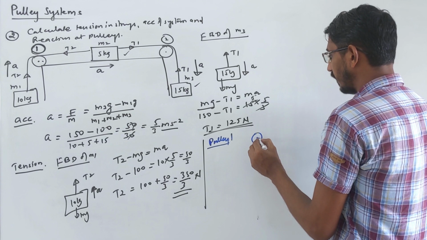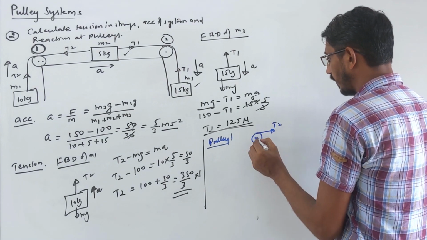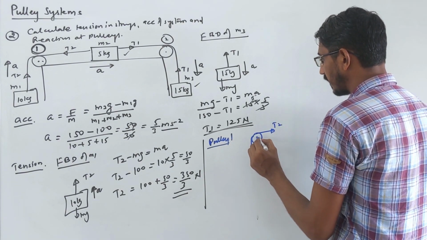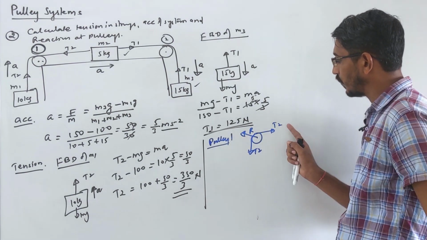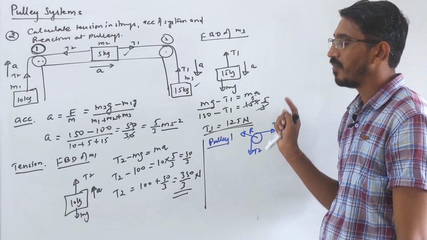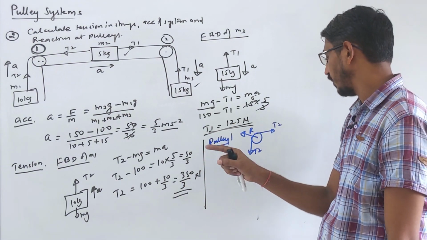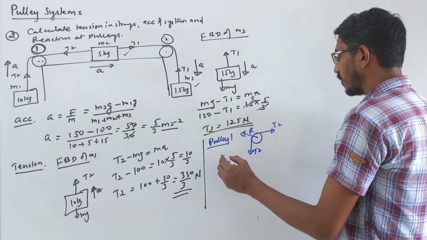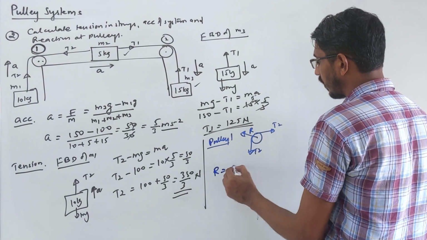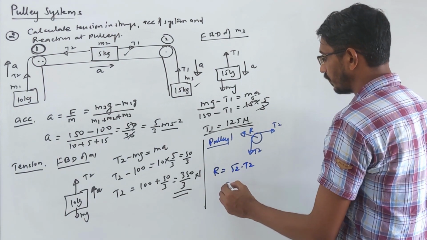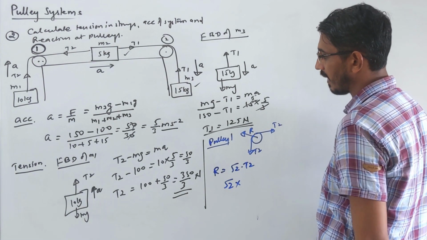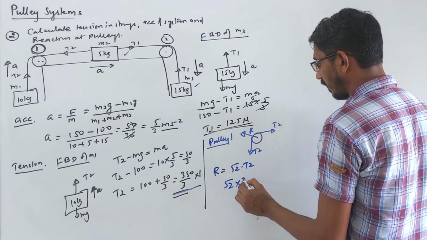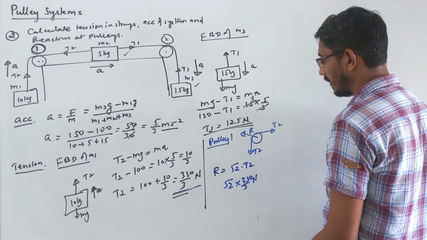This is a pulley, one force here T2, one force here T2, and that's the reaction R. Again the two forces are perpendicular to each other, same vector rules you have to use, root of a square plus b square plus 2ab cos theta. So you will get the same answer. The reaction will be root 2 times T2, and T2 we have calculated as 350 by 3 Newton, that's your answer.